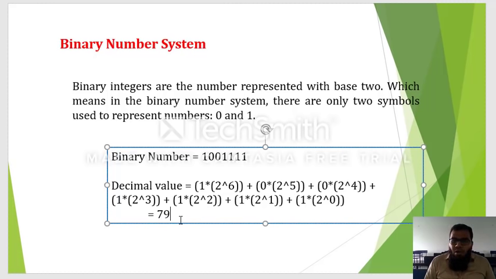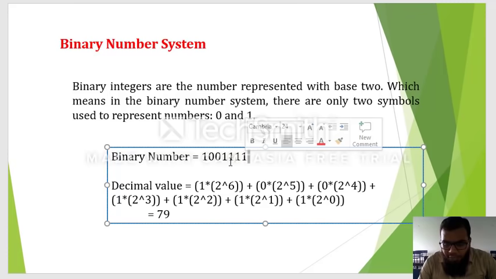Or otherwise we can follow the 8421 code. So what does 8421 code mean? The last 4 digits form an 8421: this place is 8, this is 4, this is 2, this is 1. We call it the 8421 code.